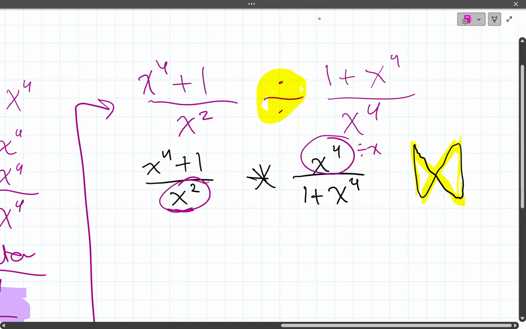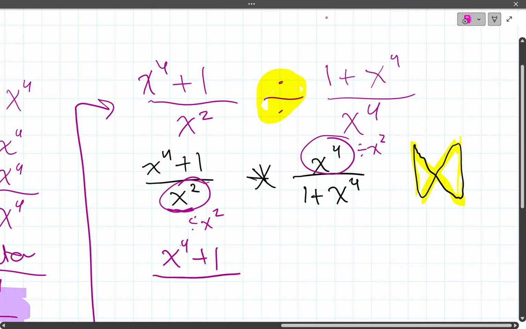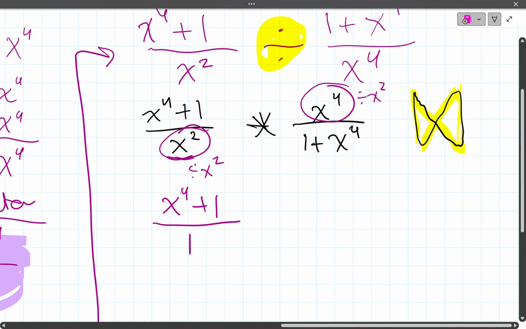Over here, we've got x squared, and here we've got x to the power of 4. So actually, I can divide by x squared. And that will give me x to the power of 4 plus 1, over 1, so x squared divided by x squared is 1, times x to the power of 4 divided by x squared, subtract indices for division, 4 minus 2 is 2, so x squared over 1 plus x to the power of 4.